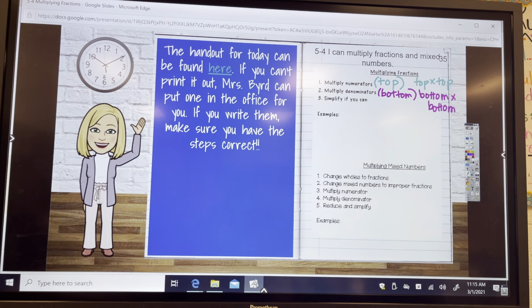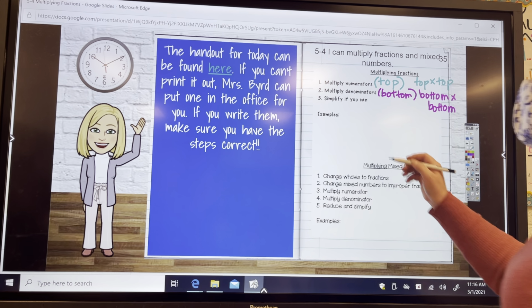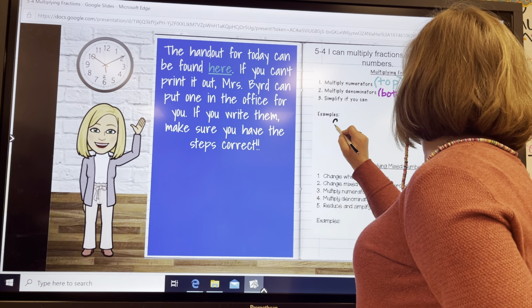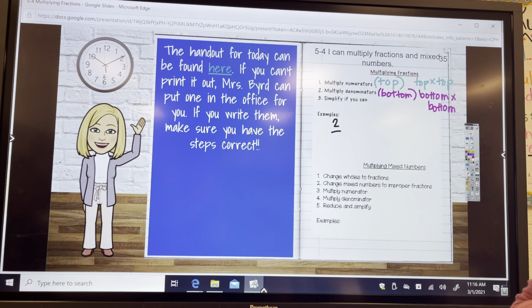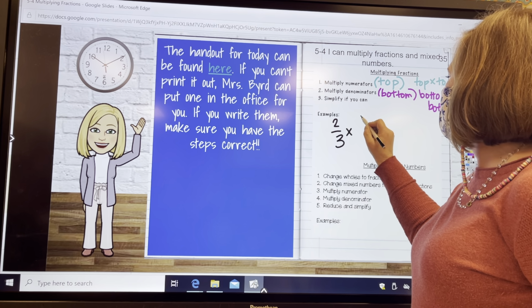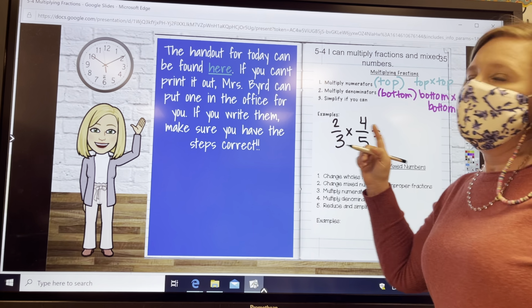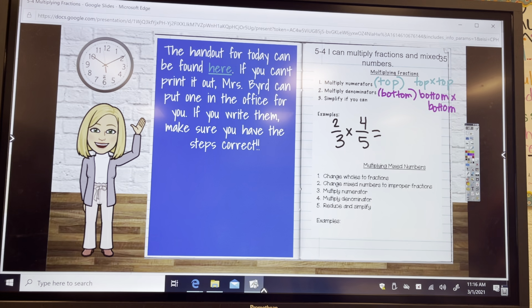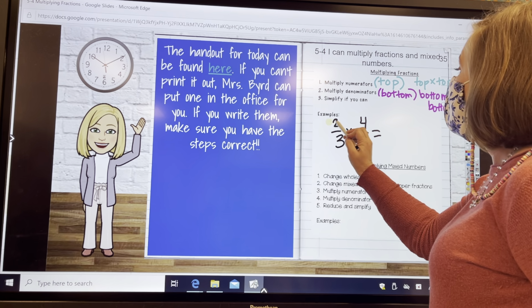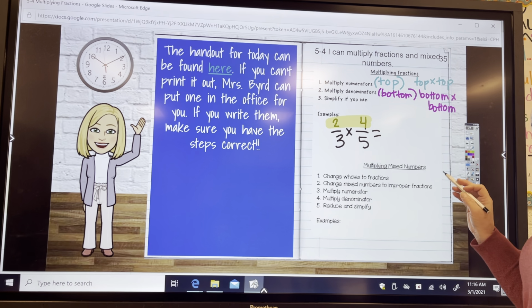So, I did not put the example in here. So I have 2/3 times 4/5. I want you to write this example first, and this is the one we're going to do first, okay? So the steps tell us to multiply the numerators, which are the top numbers.